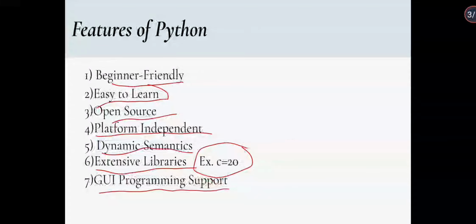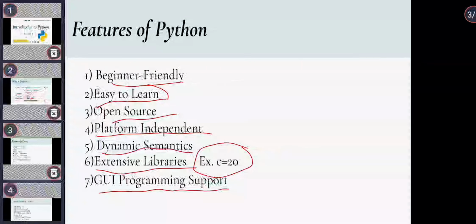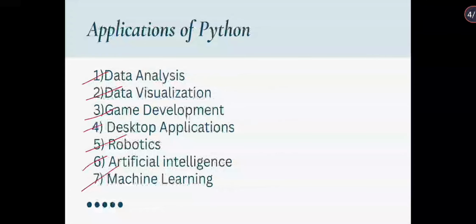Libraries contain a collection of pre-written code. After that, GUI programming support. Then applications of Python: data analysis, data visualization, game development, desktop application, robotics, artificial intelligence, machine learning. These all are the applications of Python.